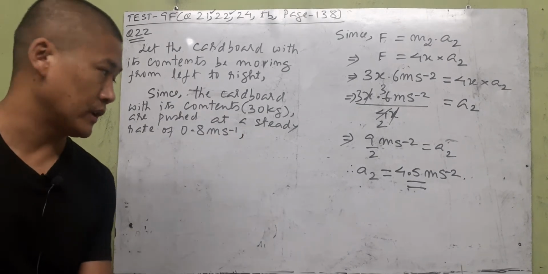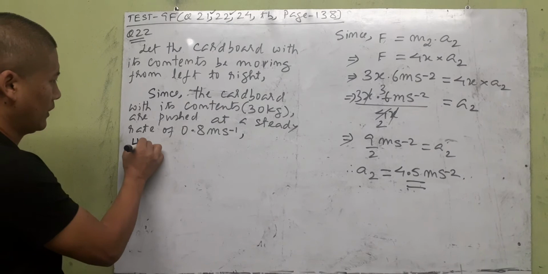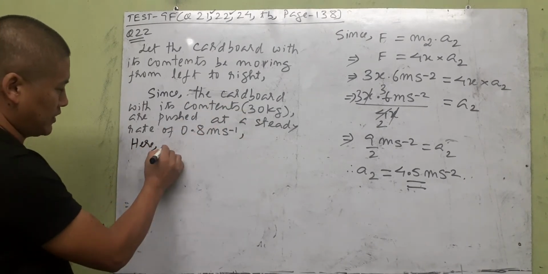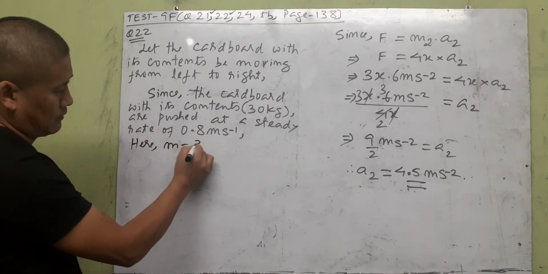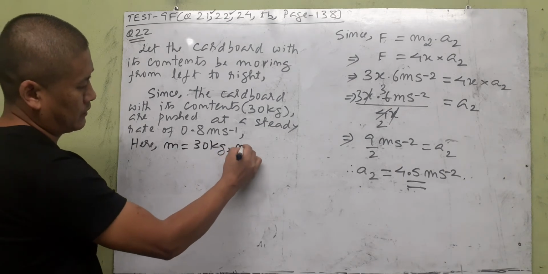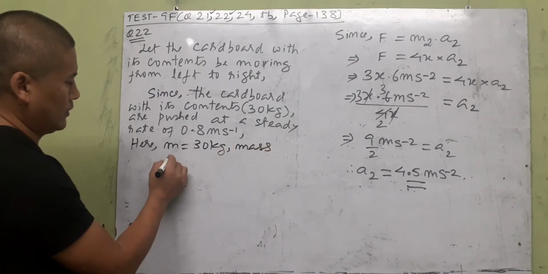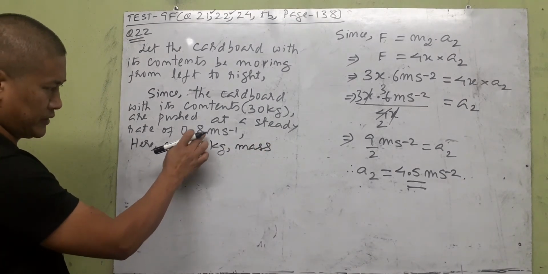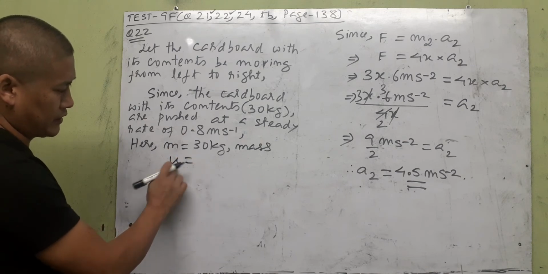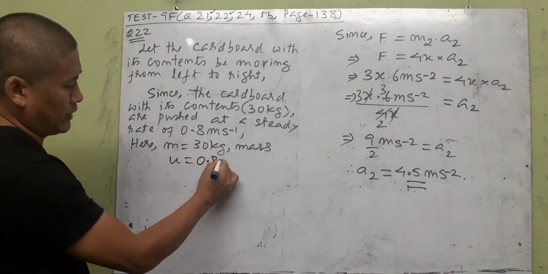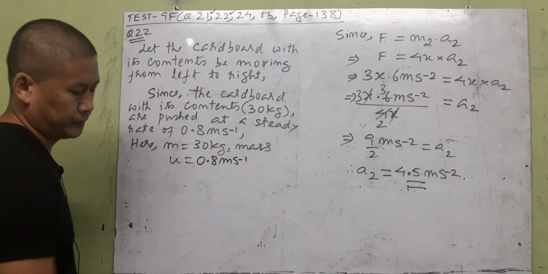From here we can gather this information. Kg means mass, 30 kg is the mass of the object, and steady rate means the velocity. So the first appearance is the initial velocity, 0.8 meter per second.